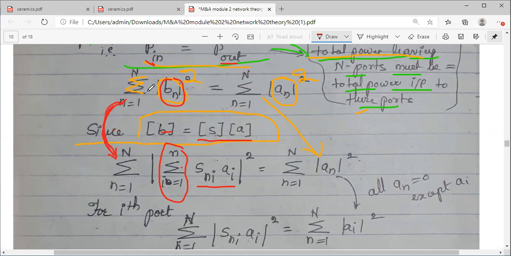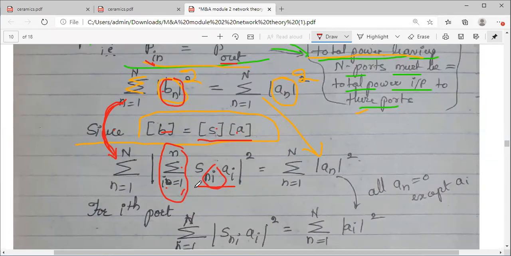Keeping that summation as it is, B is equal to S into A. This is the generalized form and it is applicable for a multi-port network again. So I have to take one more summation. Depending upon this I value, the number of the ith port, generally I have written here I. Depending upon the I value, the port number can be identified.